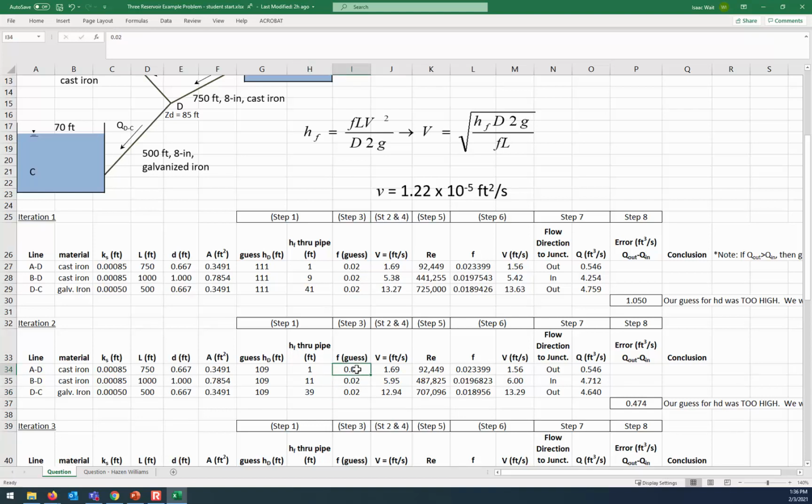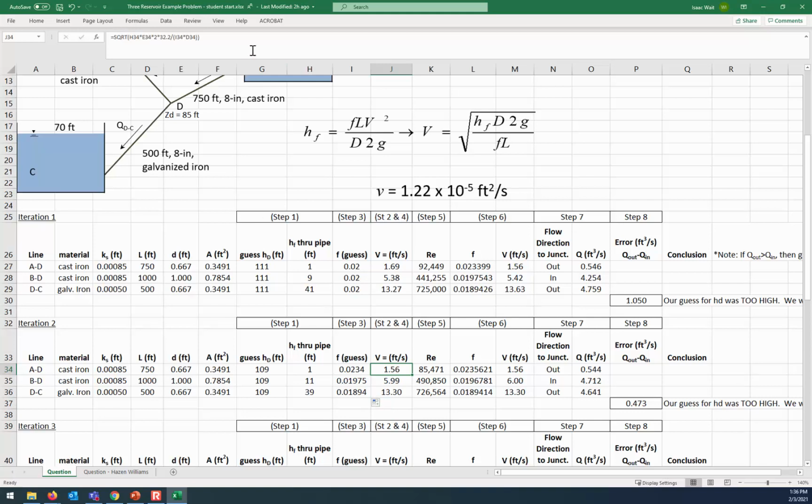Now, we wouldn't start over with another guess of 0.02. Let's use the most recent values. Let's use these from before, because those are more accurate. So I'm going to reference that location that has the F value from the previous iteration for the pipe in question. Let's click and drag that down.